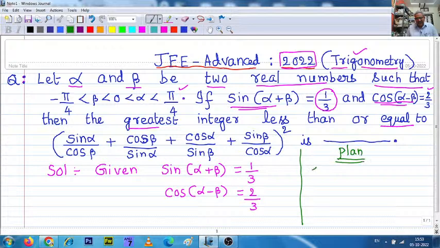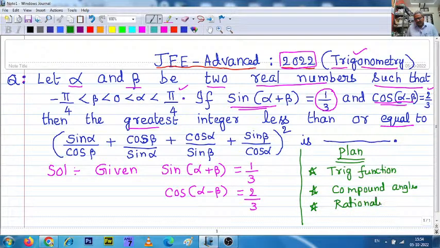This problem is related to trigonometric functions, the concept of compound angles, simple rationalization, and finding the greatest integer part. So these are involved in this problem.